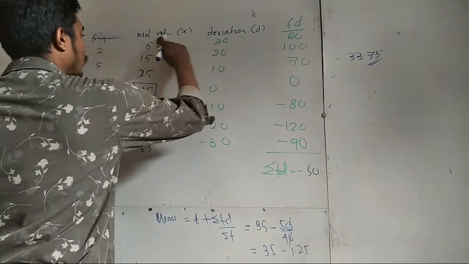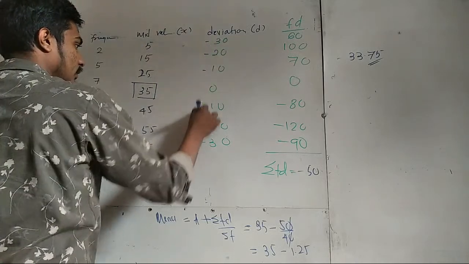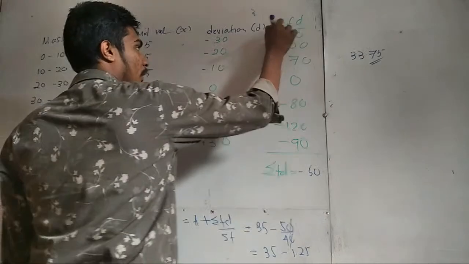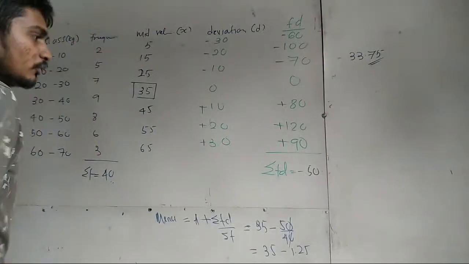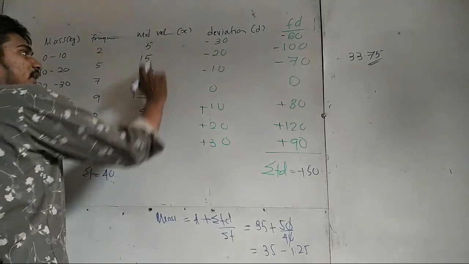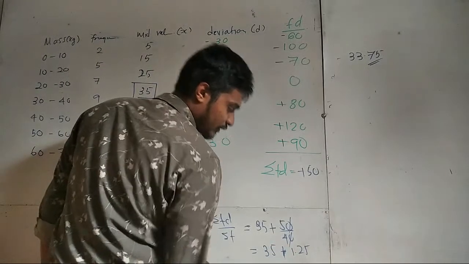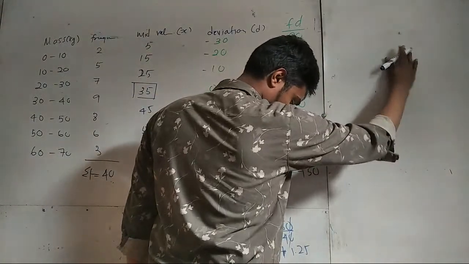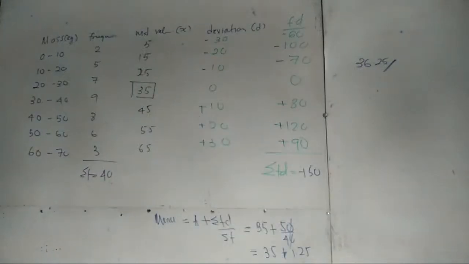Actually, you know guys, you have to subtract the assumed mean from the mid value, so it's not 35 minus 5, it's 5 minus 35. So the signs change: minus, minus, minus become plus, plus, plus. Sorry about this. So here it will be plus, and here also you get 5. So you get 36.25. Those who got 36.25?